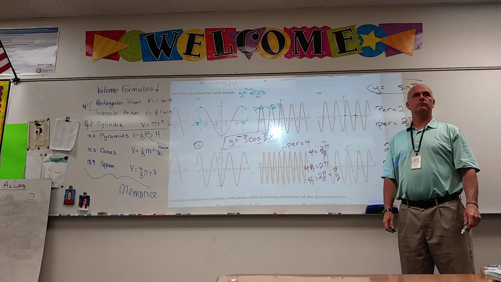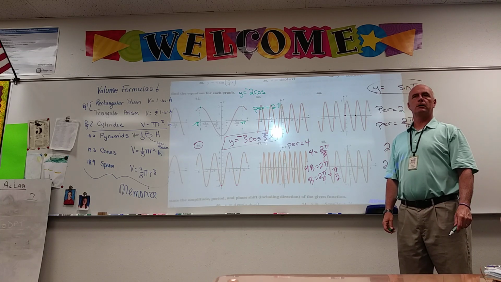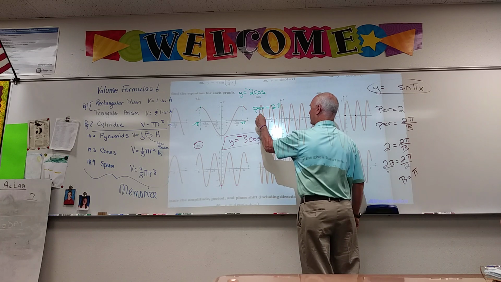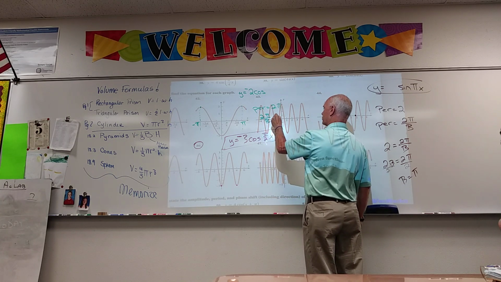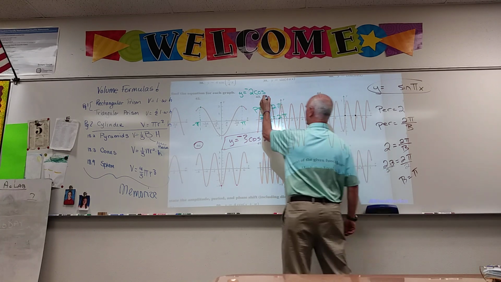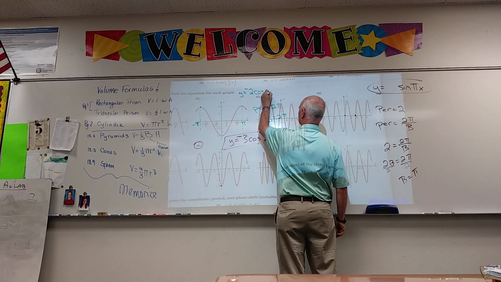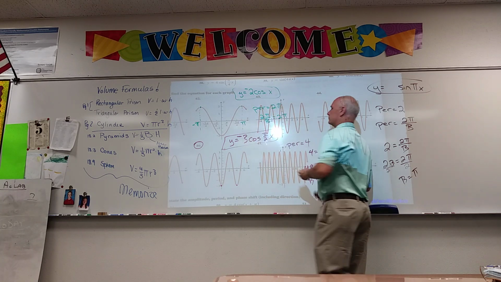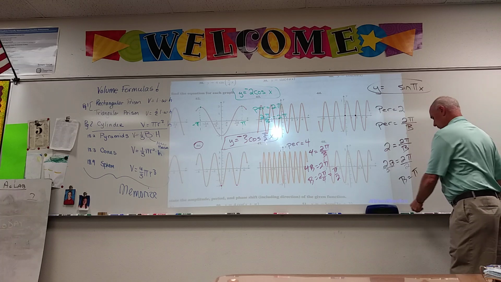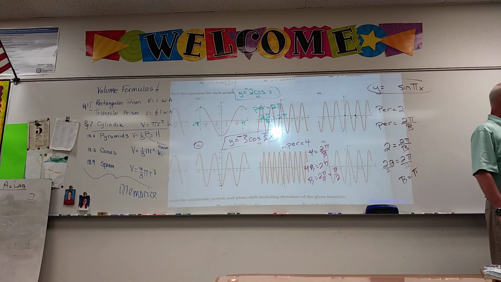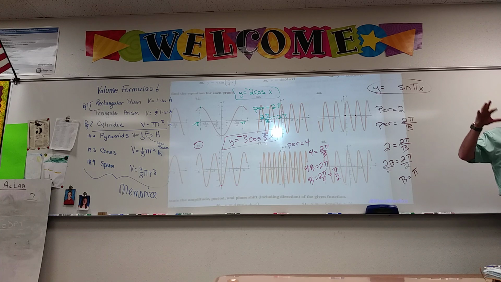Period is 2 pi. Therefore, b is 1, because 2 pi over b equals 2 pi, so b is 1. In this case, just like I was saying to Christian, because there's no strange adjustment, it's halfway.